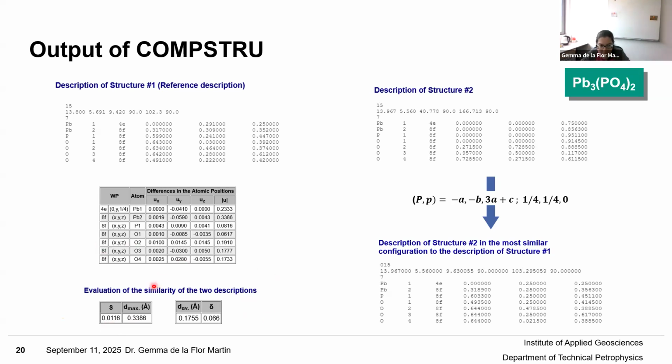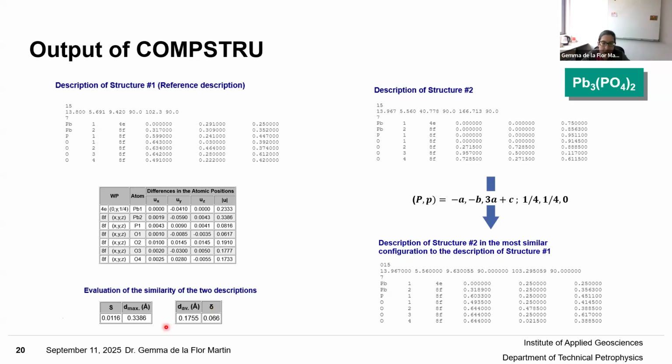As I said at the beginning, this is just a pure structural analysis. The program does not take the chemistry into account, or doesn't have any kind of chemistry analysis. So it's the user who has to look at these values and, depending on the case, evaluate if the structures are similar or not.